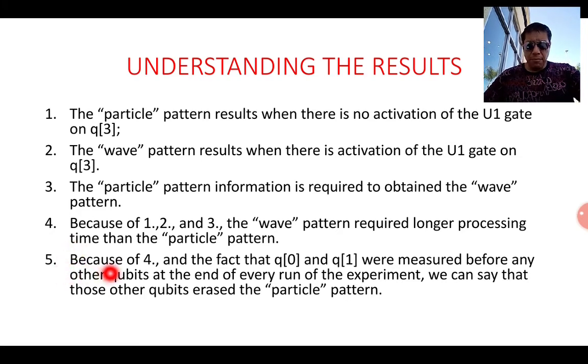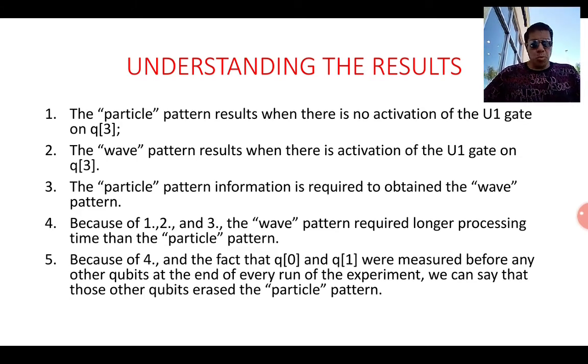And number 5, because of 4, the fact that Q0 and Q1 were measured before any other qubits at the end of every run of the experiment, we can say that those other qubits erase the particle pattern. So we can use the same language here.